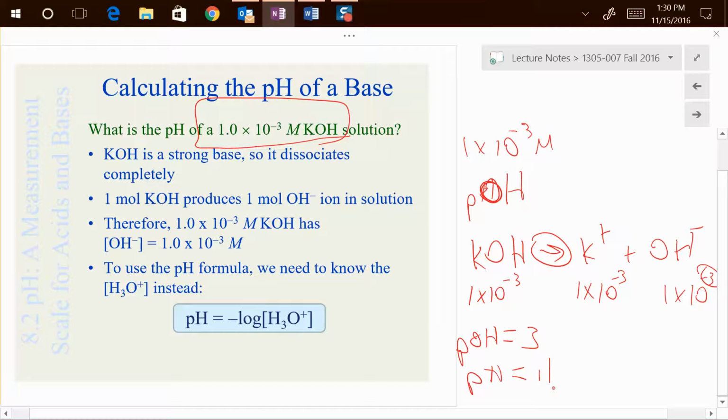So this has a pH of 11. It has a high concentration of OH minus, 1 times 10 to the negative 3, and a low concentration of H plus, 1 times 10 to the negative 11. So this is a basic solution.